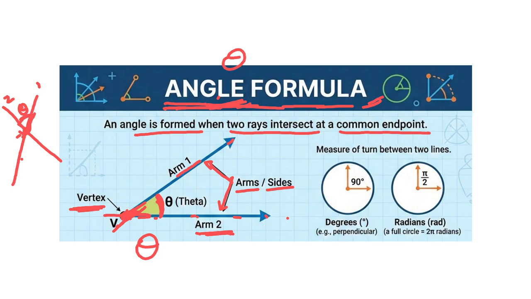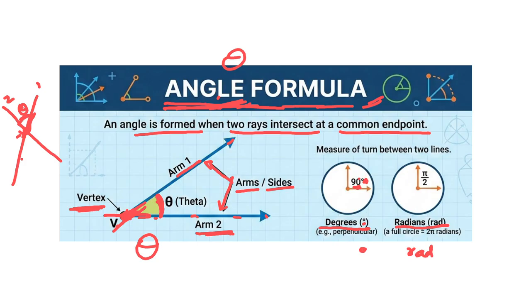Now, how are angles measured? Angles are measured in two different units: degrees and radians. Degree is represented by a small zero on top of the number, and radian is represented by rad. For example, 90 degrees is the degree representation.